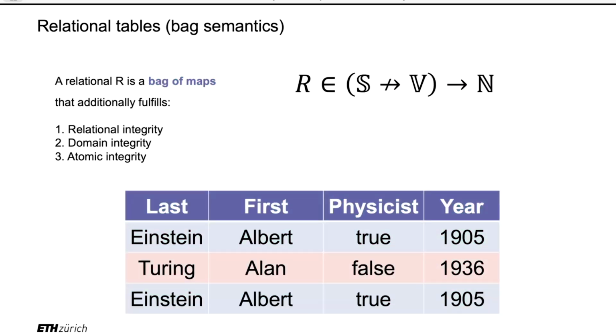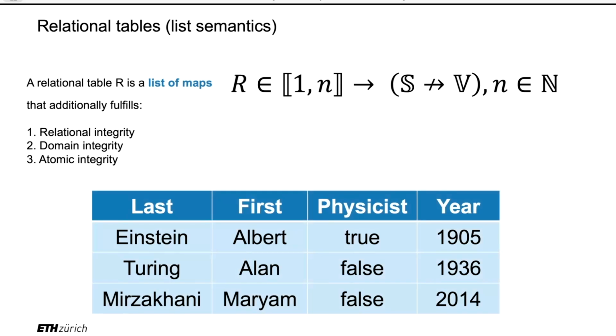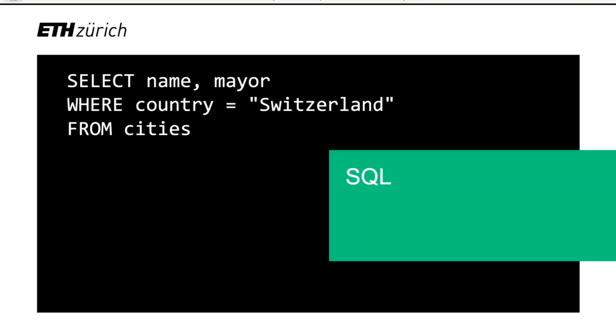Then we have the vanilla flavor of relations with bags. So I say it's a bag of maps. A relational table is, oh, I forgot table in there. A relational table is a bag of maps plus this that fulfills these three. And then I have the strawberry flavor with the list of maps that also fulfills relational integrity, domain integrity, atomic integrity. Okay.